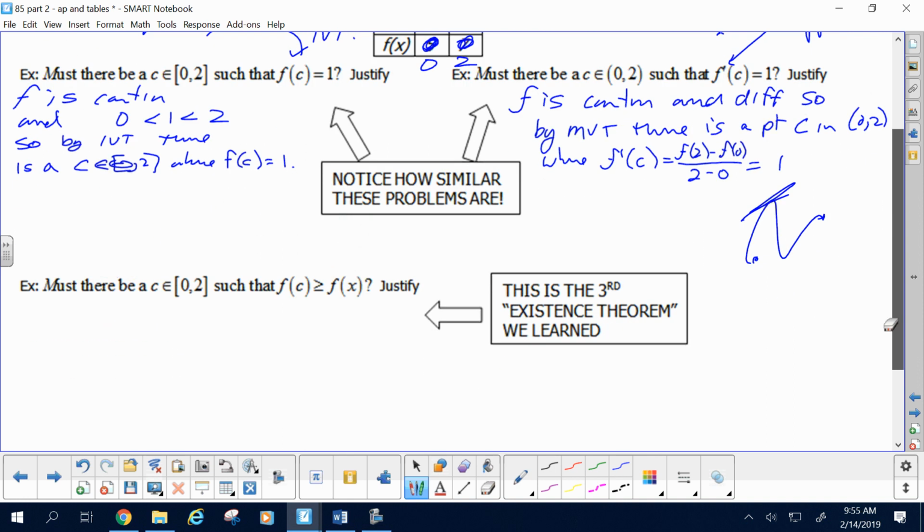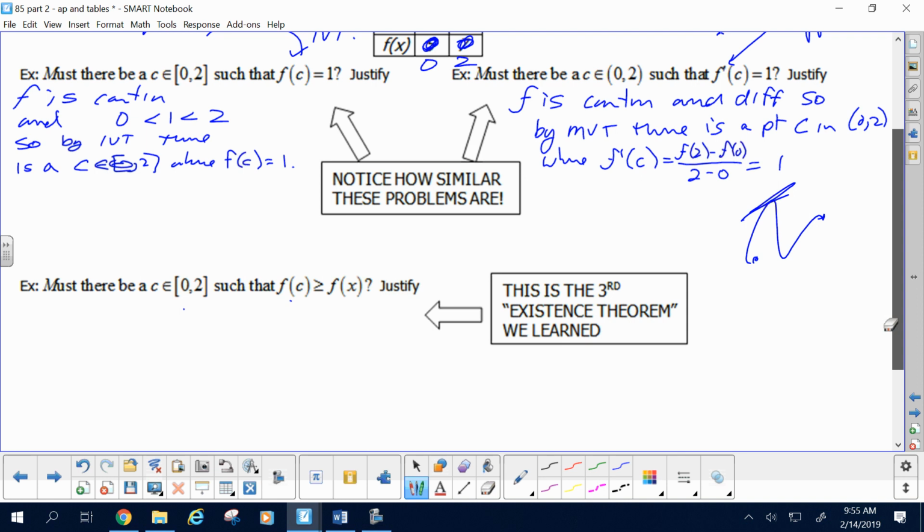Compare that to the last existence theorem, which doesn't really need to see, but I just want to review it. Must there be a C in 0 to 2 such that F at C is greater than or equal to F at X? Put that in plain old English. That means they're saying prove there is an absolute maximum.